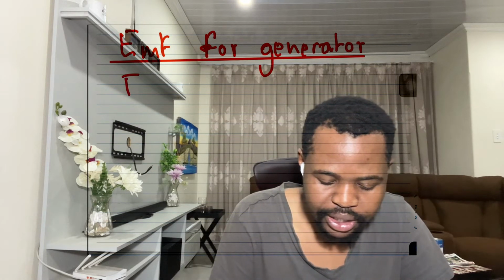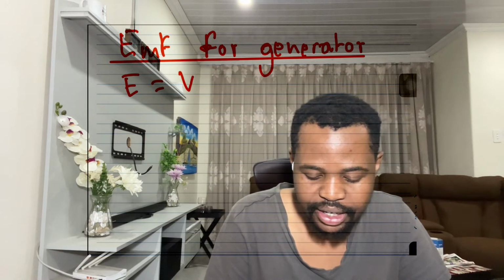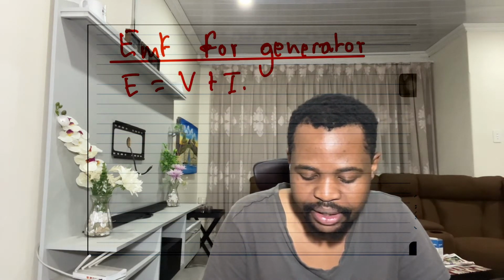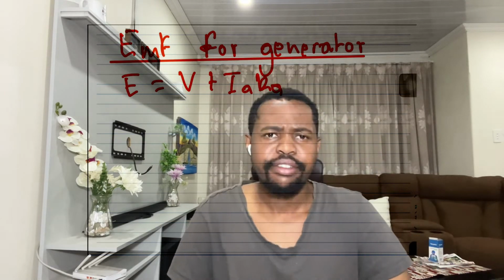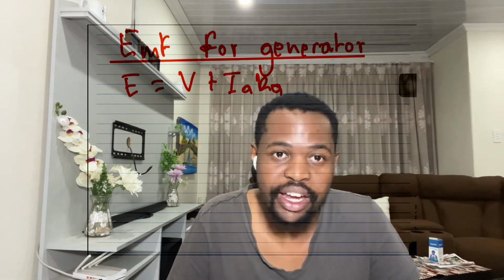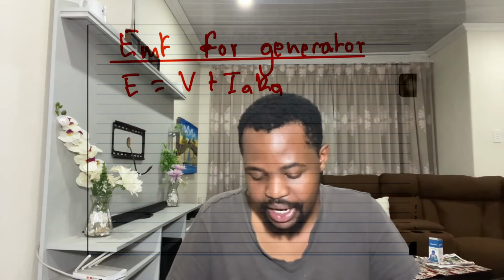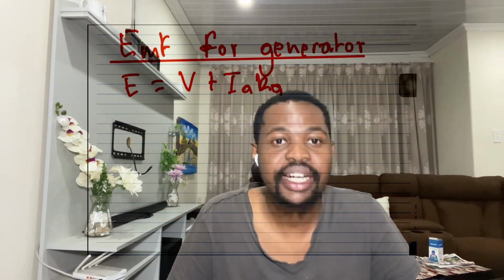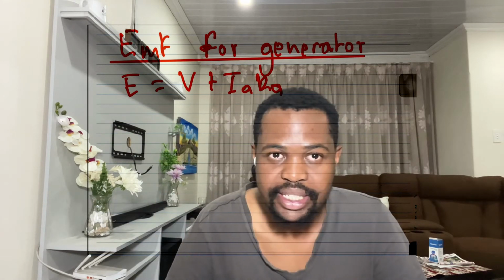If you want to calculate the EMF of the generator, we say E equals V plus IA RA. If you look at this equation, there are only electrical values here, which are the voltage, the armature current, and the armature circuit resistance.